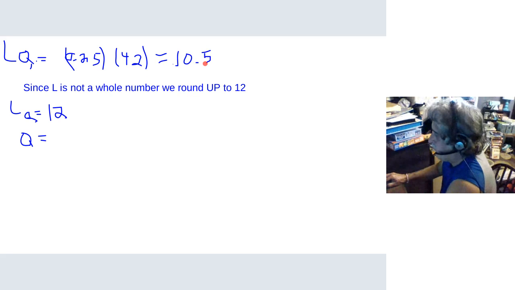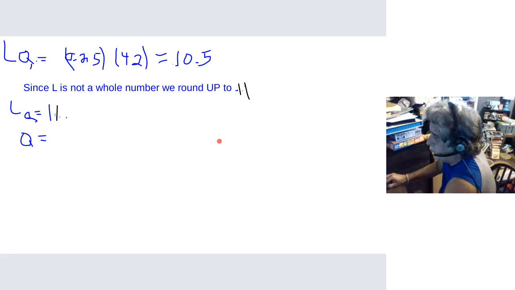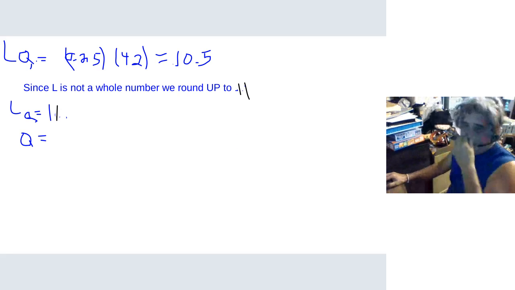So it's the 11th position now. So the position of Q1 is in the 11th spot.